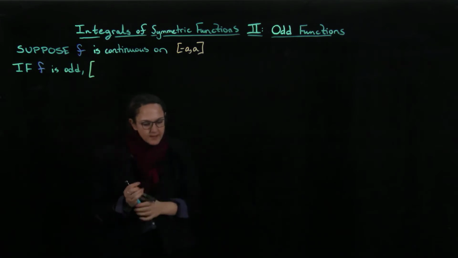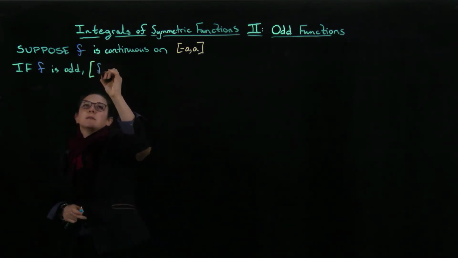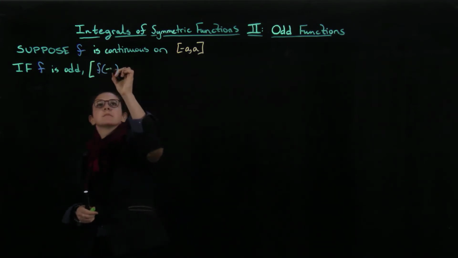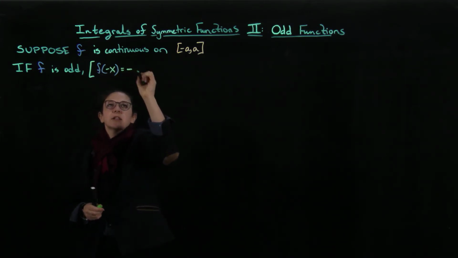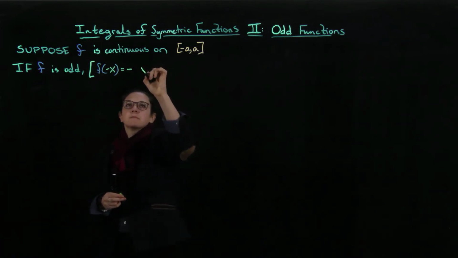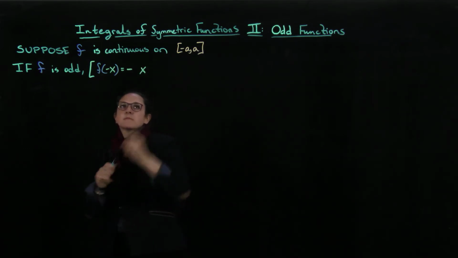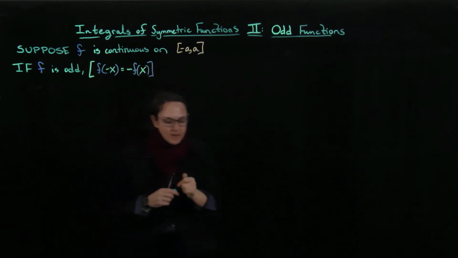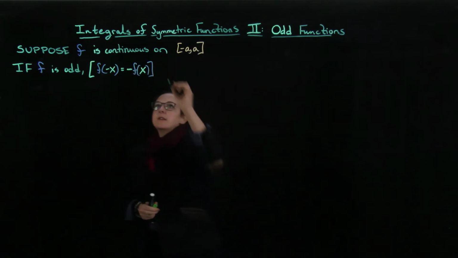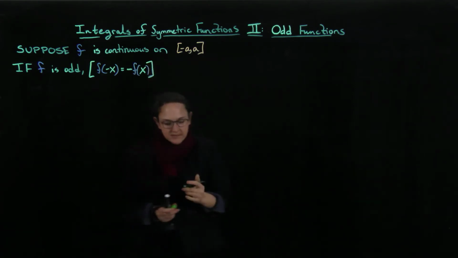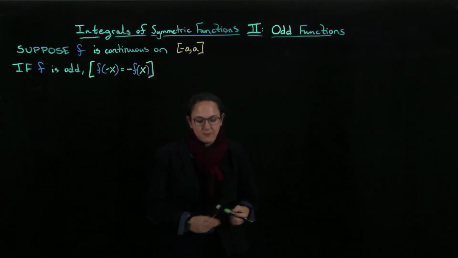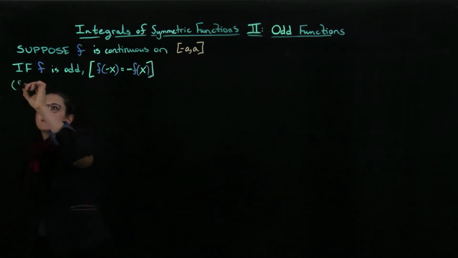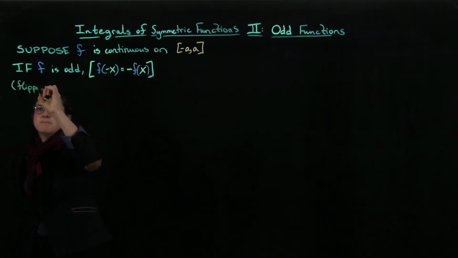We want to know what happens when we take the negative of the input, and in this circumstance, you're going to get the negative of the output. That is to say, if we flip the input sign, then we flip the output sign.